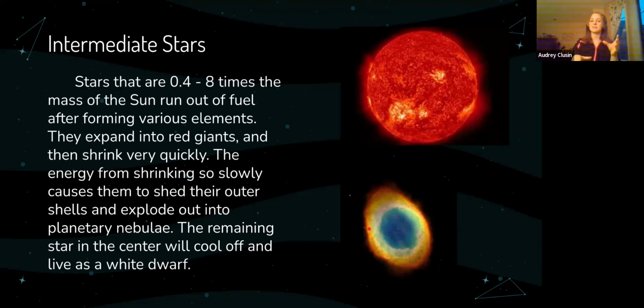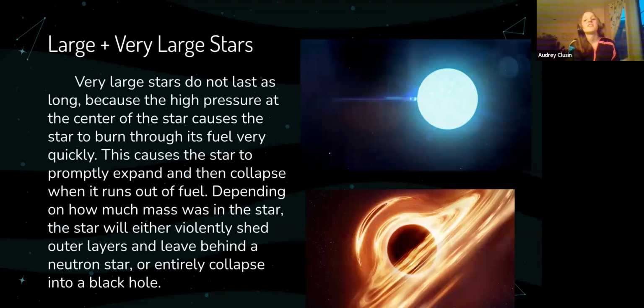I don't know why it's called that actually. I think the person who discovered it thought that it was a planet in the sky, but it wasn't. It was a planetary nebula. But yeah, these kinds of intermediate stars end up exploding out their gas, but it's not as violent and dramatic as very large stars.